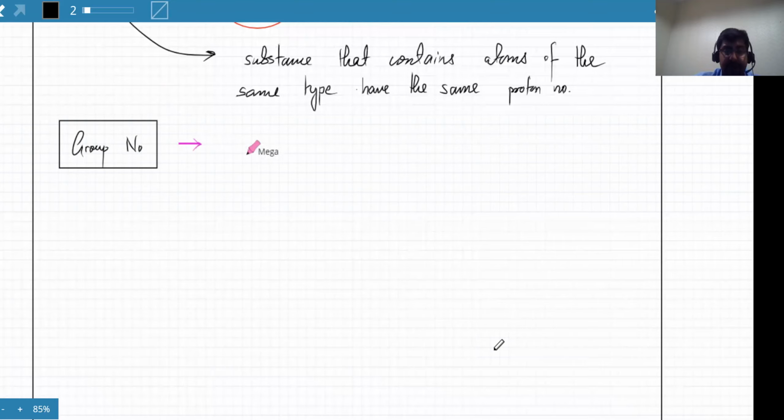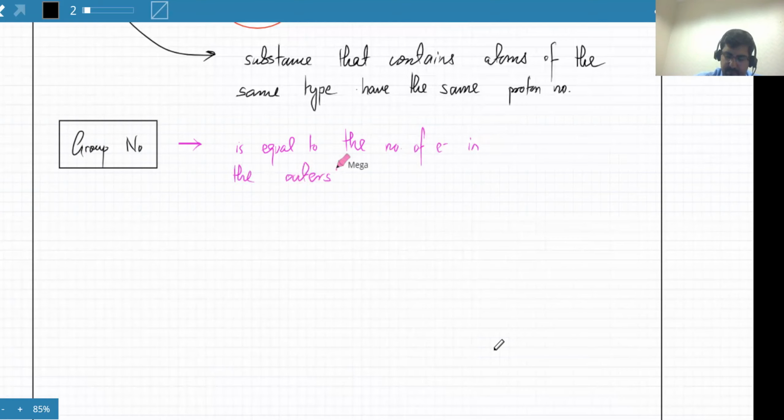If something is in group one, the group number is equal to the number of electrons in the outer shell, also known as the valence shell.